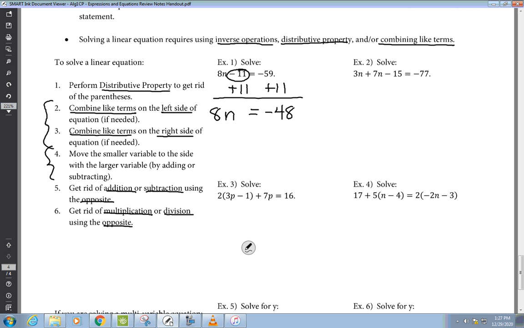And then after that, 8 times n, the opposite of multiplication is division. Divide both sides by 8. You get n equals negative 6. So negative 6 is your final answer.